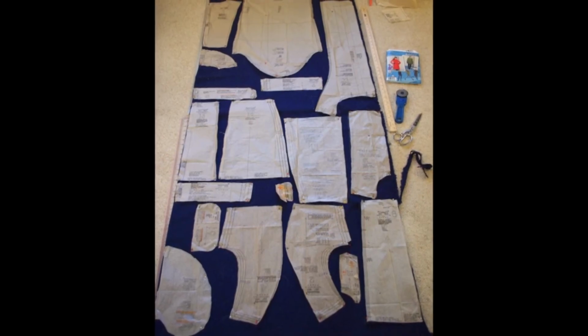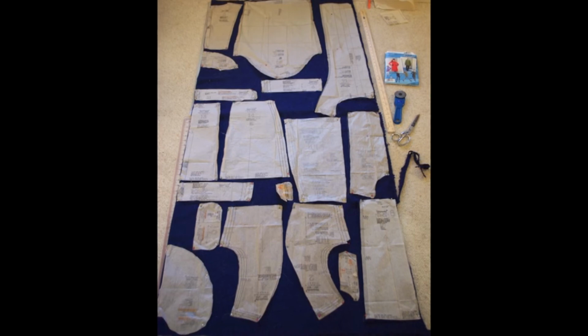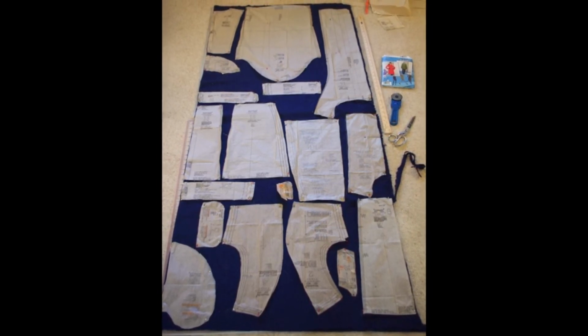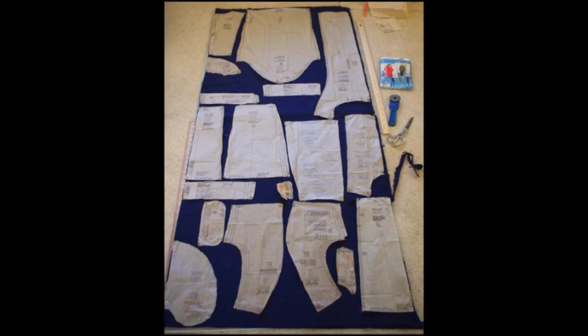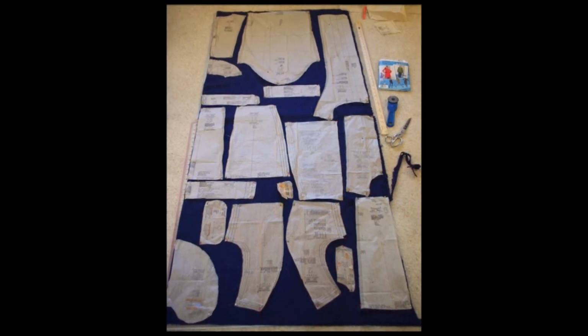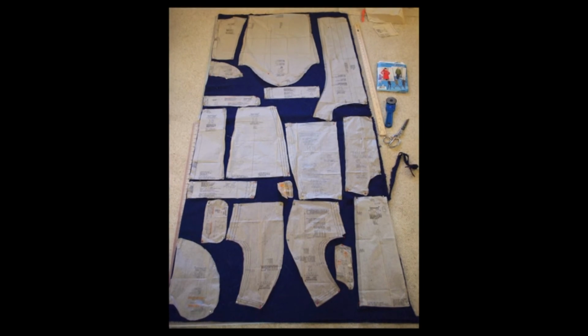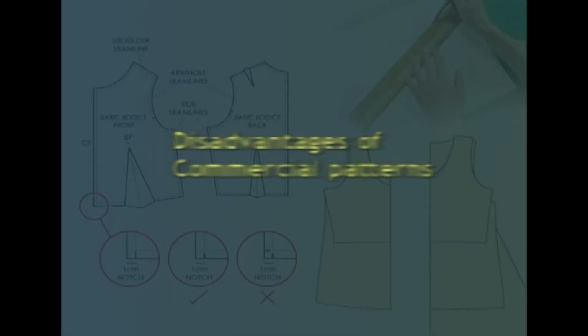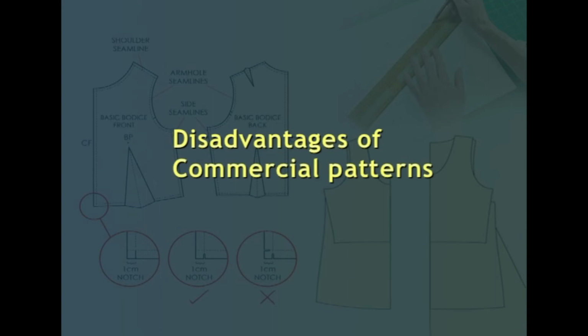The use of paper pattern will enable one to cut a garment with minimum amount of fabric, because it is possible for the dress designer to try out the placement of pattern pieces in an economical way. Disadvantages of commercial patterns include that they are not easily available everywhere. They are available only for few selected designs.